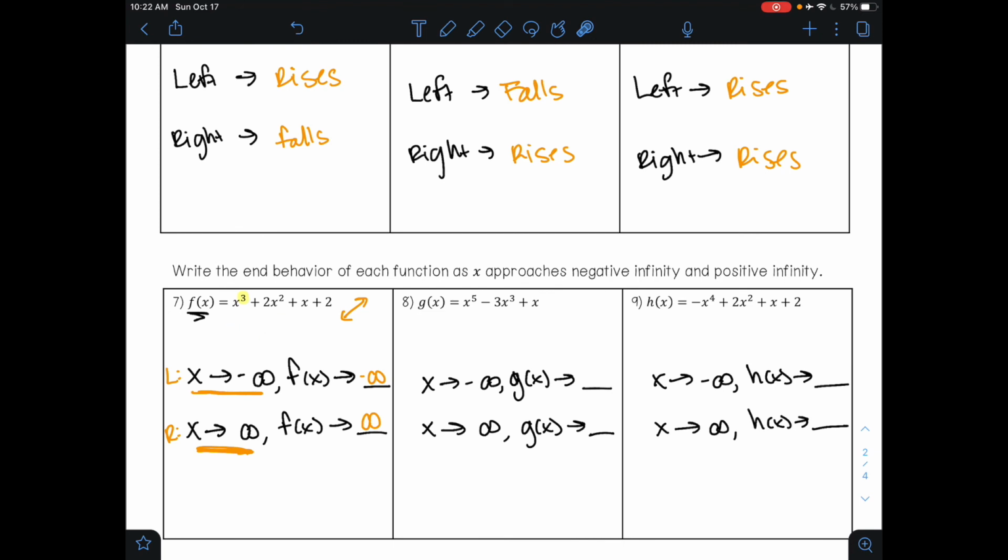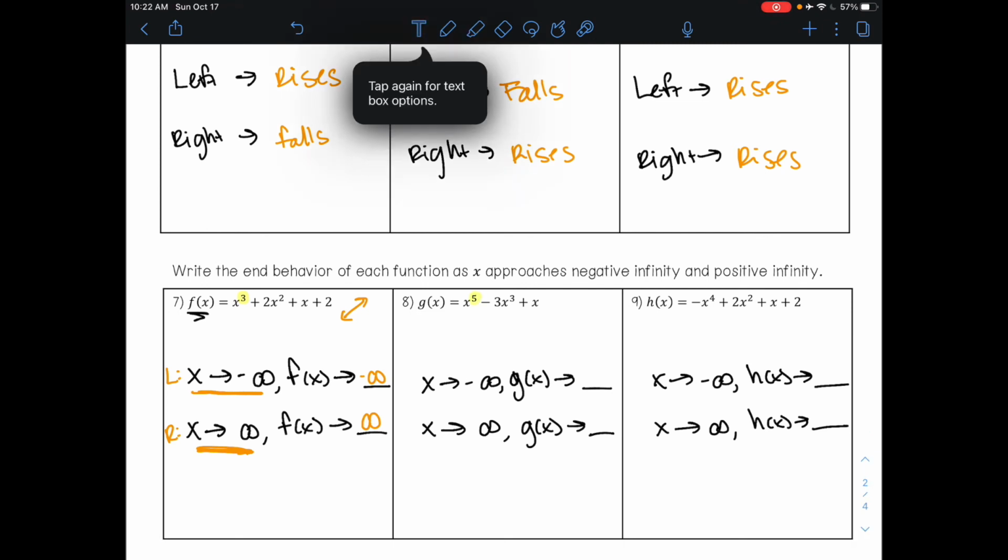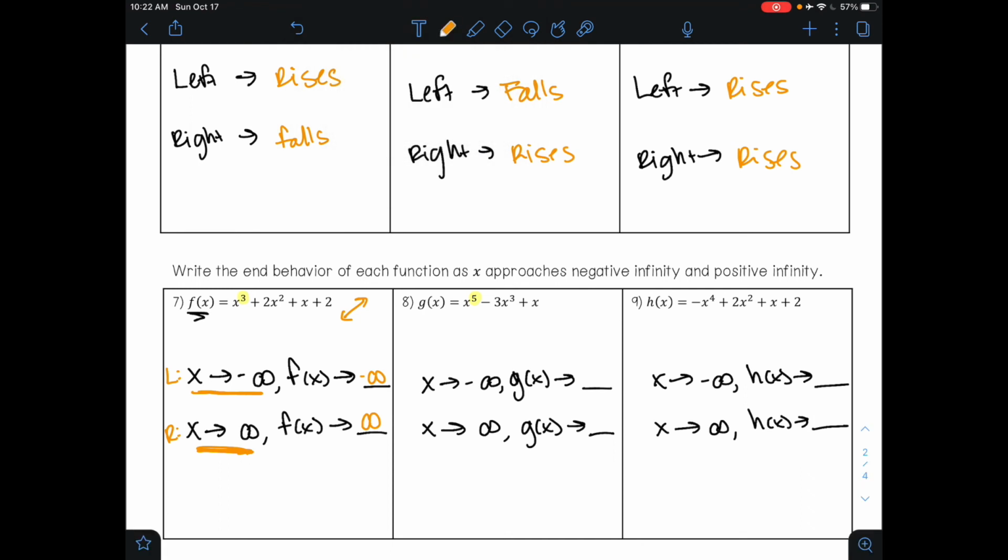On example 8, we have g of x equals x to the 5th minus 3x cubed plus x. Again, the only things we really care about are the leading coefficient and the degree. My leading coefficient is positive 1, and my highest degree is 5. So again, this is an odd function that's positive, so my end behavior is going to be like that of a line with positive slope.